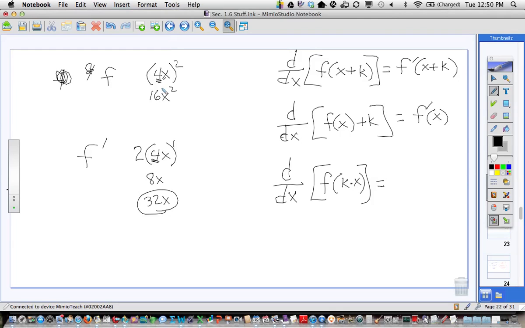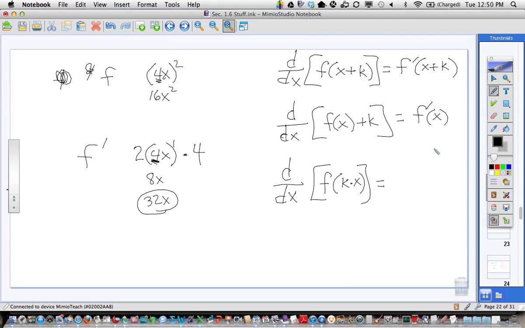So we not only have to keep that 4 on the inside when we do this, we have to kick out a 4 to take care of the steeper slope. So the slopes moved in by a factor of 4 and got steeper by a factor of 4. We need to do both of those things. Do you see what I did? Okay. We need to kick out a 4.